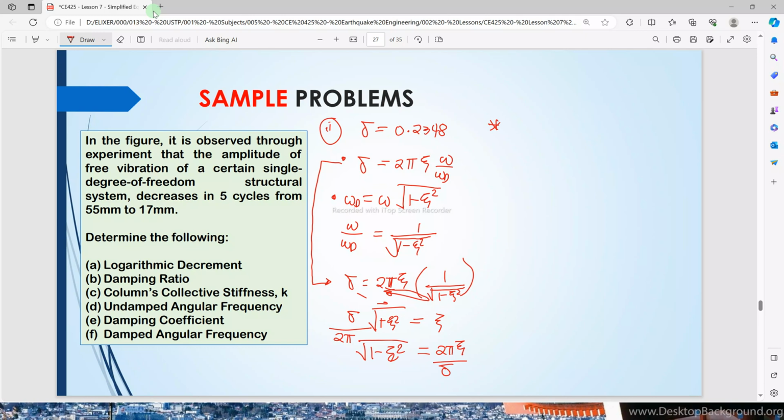So let me rewrite the equation. We have the square root of 1 minus psi squared is equal to 2 pi over delta psi. Now, if we square the whole equation, we will arrive at 1 minus psi squared is equal to 2 squared pi squared over delta squared psi squared.